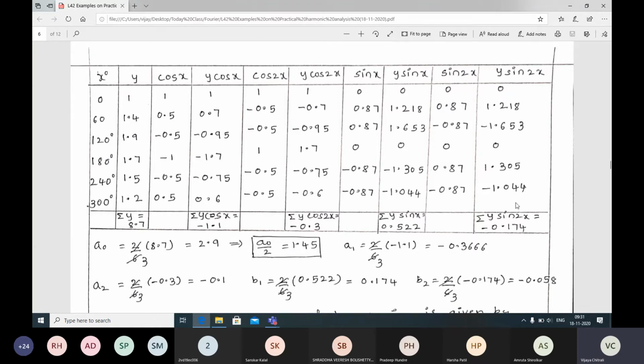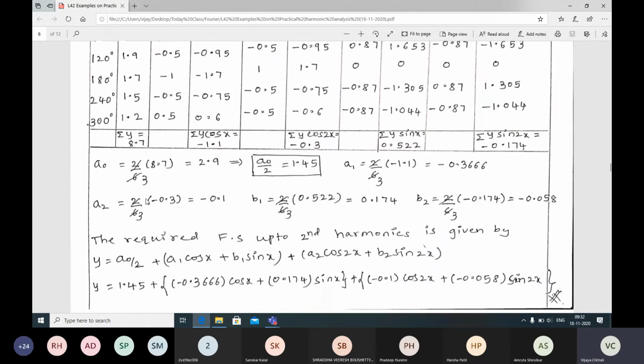So add all the values of y sine 2x. So we get the summation of y sine 2x as minus 0.174. Now the summation of y. So the sum of all the values of y is 8.7.